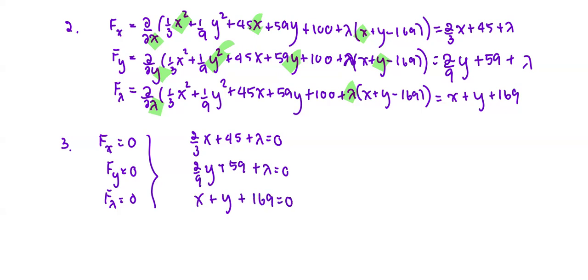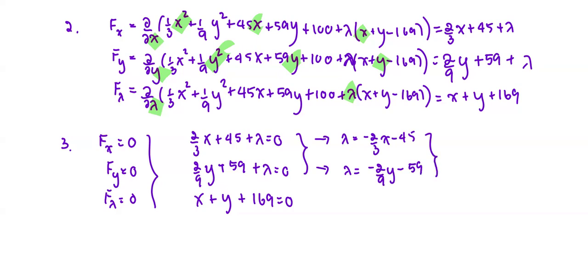For the first two, they are involving lambda, so we can already write lambda in terms of x and lambda in terms of y respectively. So we have lambda equals -2/3 x minus 45. The second one, lambda equals -2/9 y minus 59.